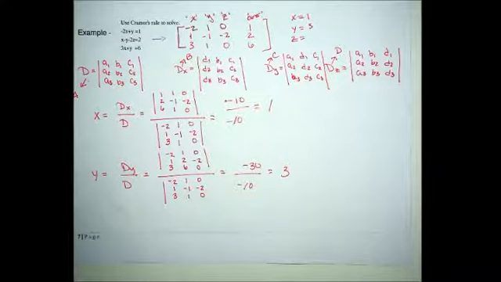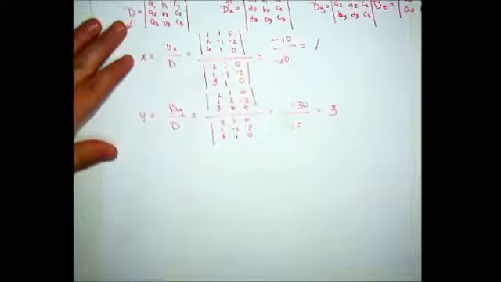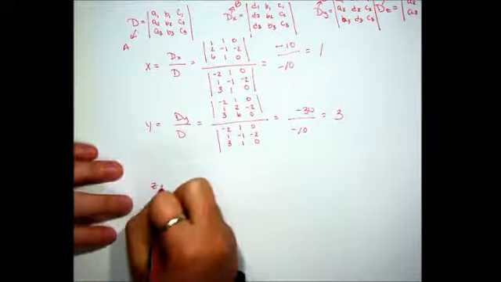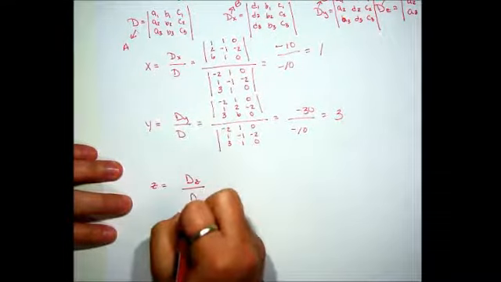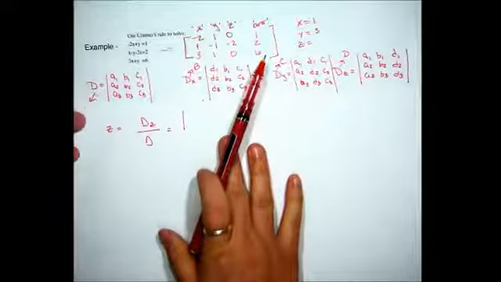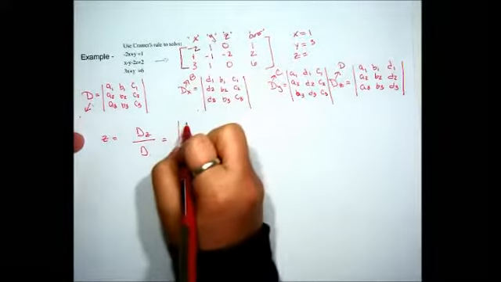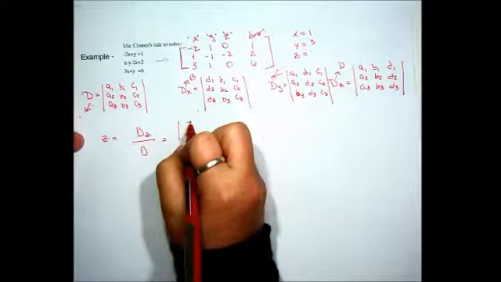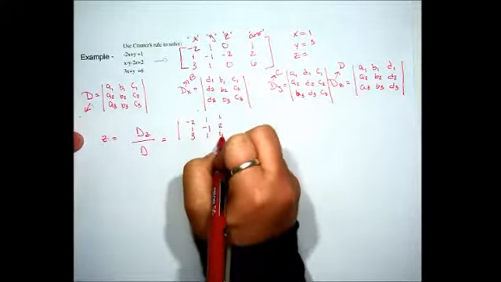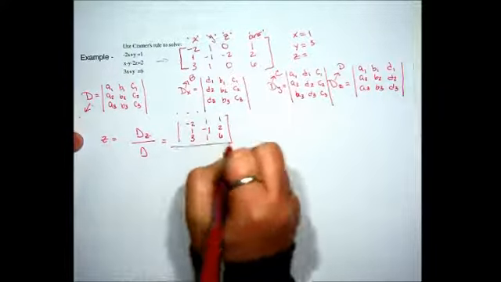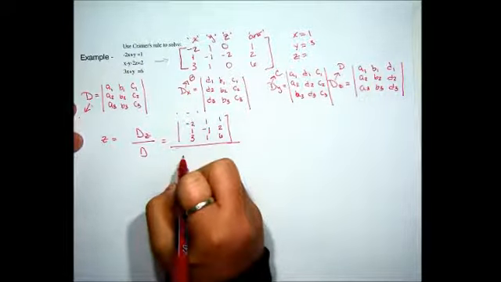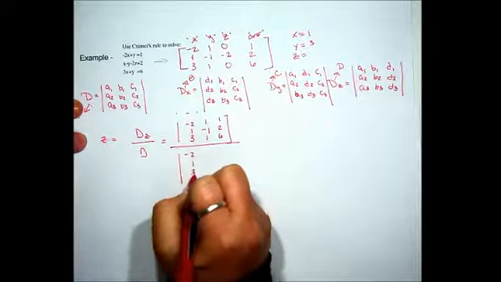Let's get another piece of paper. So now Z is D sub Z divided by D. So D sub Z, using my equation here, plugging in my values, D sub Z is negative 2, 1, 3, 1, negative 1, 1, 1, 2, 6, divided by the determinant of my capital D, which again is the same denominator.